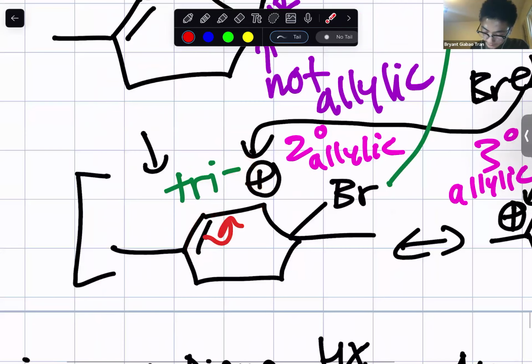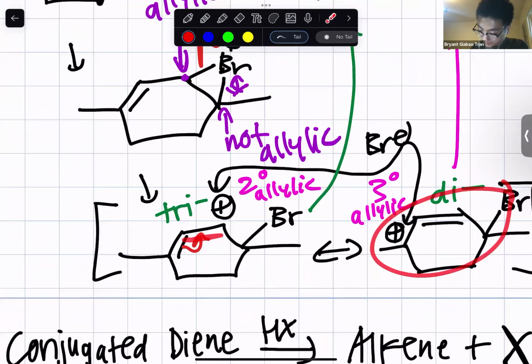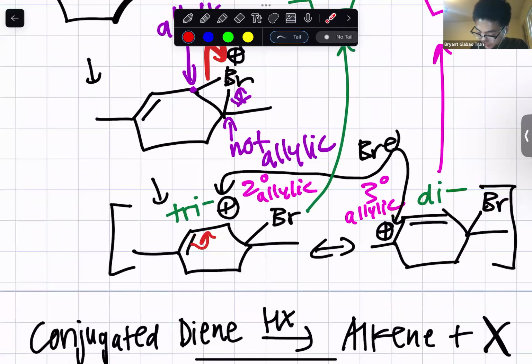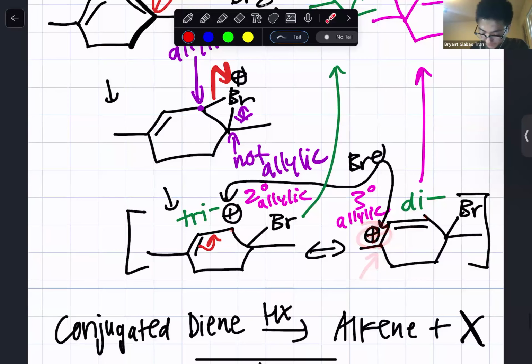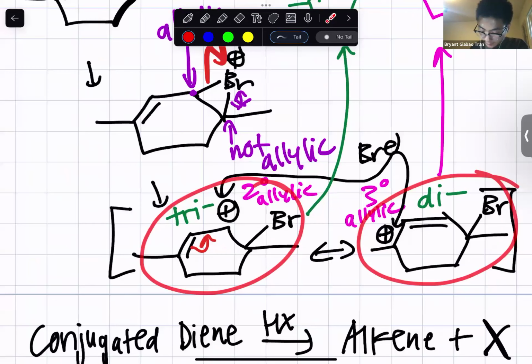And we see that this can do resonance by moving this double bond to make a double bond here, which is this resonance structure here, right? Where this carbon here gained the bond, which is why it's now neutral. And this carbon here lost the bond. So that's why that carbon is now positively charged, right? So these are our two resonance structures here.